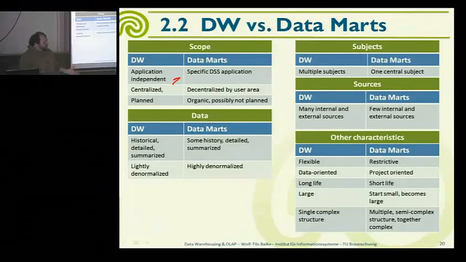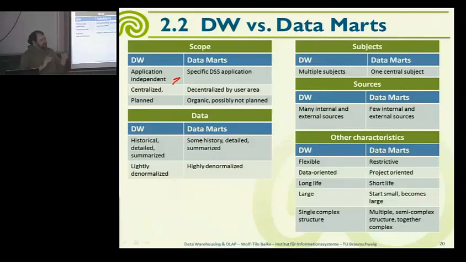Data warehouse contains everything. Data marts only a fraction of the data, only what you really need. Data warehouse is usually lightly denormalized because you can't denormalize everything. That would be exponential in storage space. Data marts are usually highly denormalized, so everything that can be pre-computed for the application is pre-computed. And since you have less data, the storage explosion is not so bad.